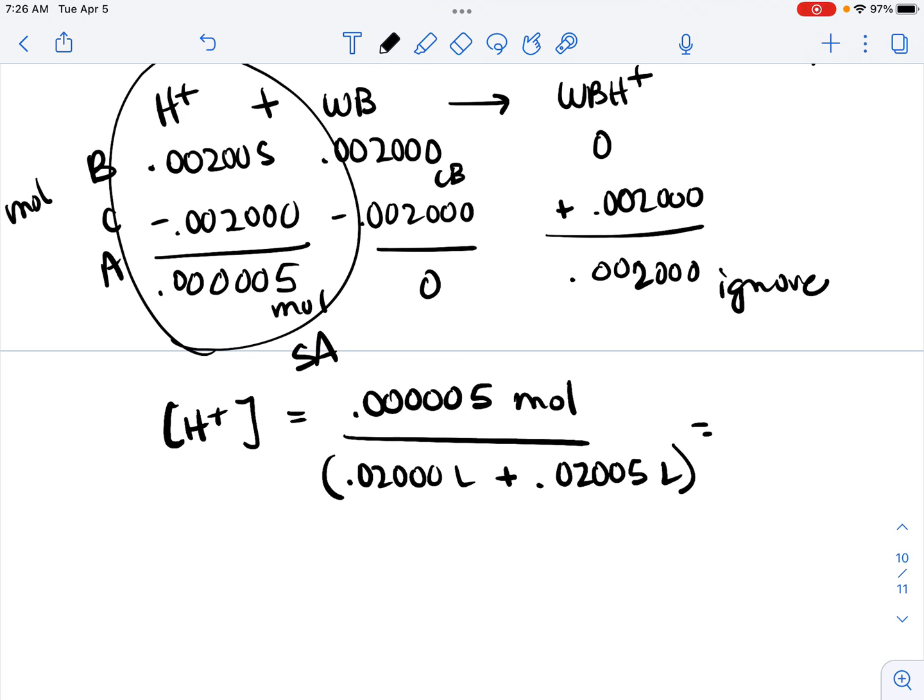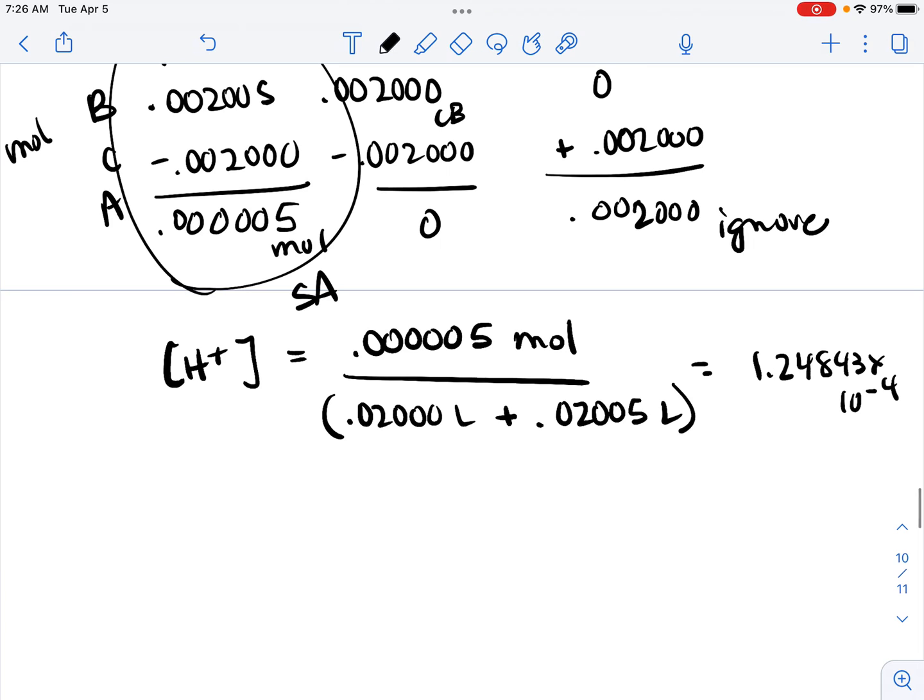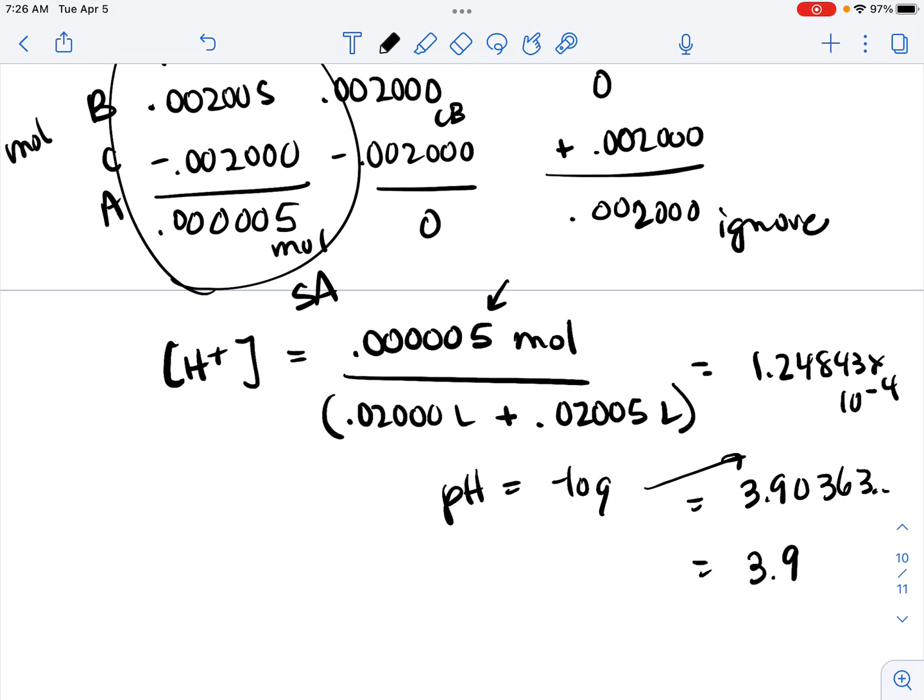And I get a molarity of 1.24843 times 10 to the negative 4th, a really small quantity. But pH will be the negative log of that, so that comes out to 3.90363 and more numbers. And I have only one sig fig because of my moles, which after subtraction was really small. So this is going to be 3.90 as a pH.